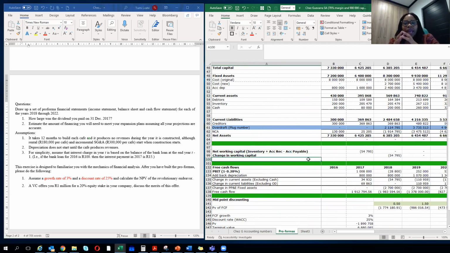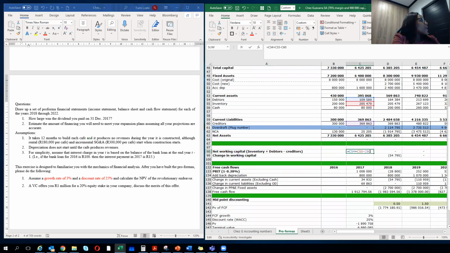So your working capital is made up of 3 accounts: your inventory and your debtors, which you add up, and then you subtract your creditors. I've called it here accounts receivable and accounts payable. In our example, we could also call it plus your debtors less your creditors. It doesn't matter what you call it.